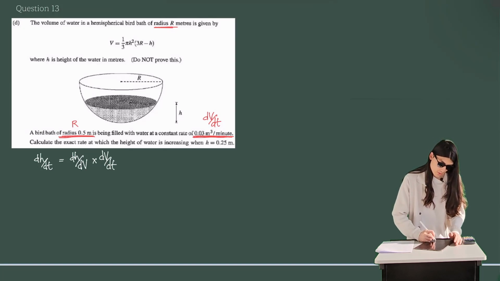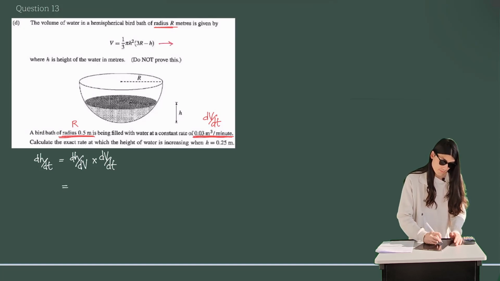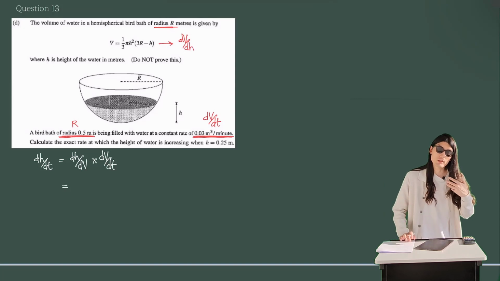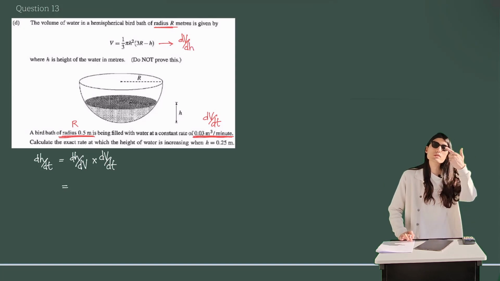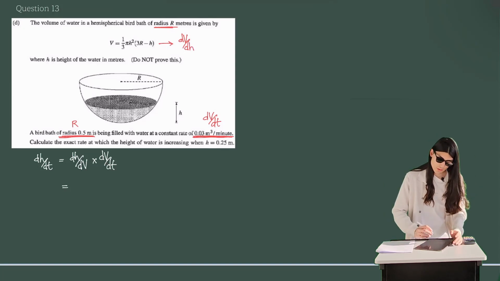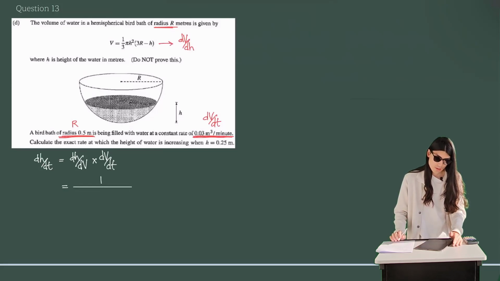dH dV is obtained by differentiating this to obtain dV dH. If you differentiate both sides with respect to h, and dH dV is just the reciprocal of that, isn't it? So what I'm going to put is I'm going to put 1 over here, and I'm going to put the derivative of v at the bottom.